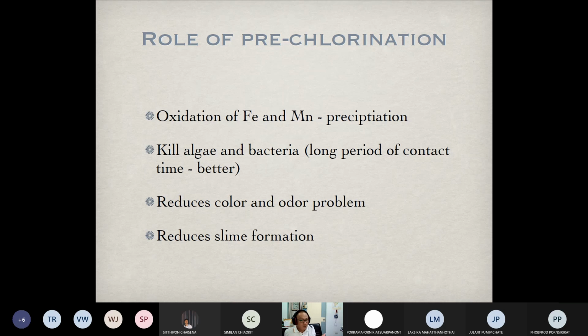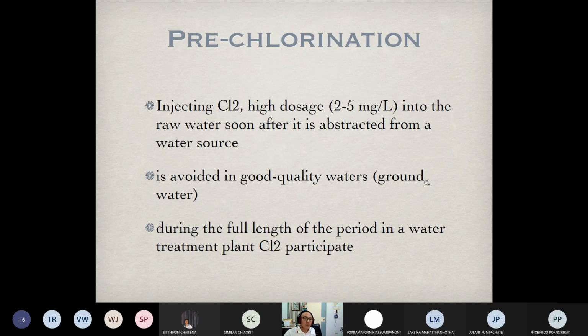So we don't add too much. We add a certain amount just to fulfill these objectives if our water contains some of these contaminants. But if there are no iron and manganese, if there are no color and odor problems, pre-chlorination may not be required. So why do we have to add it, and when?